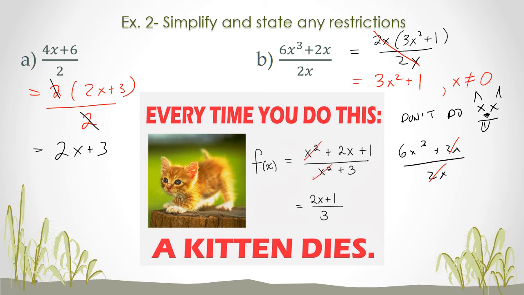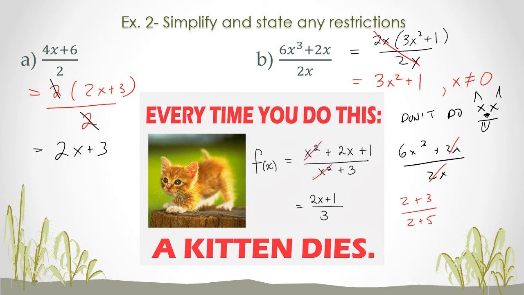And maybe I'll give you a numerical example for why that is. So let's say you had, I don't know, 2 plus 3 over 2 plus 5, let's just say.